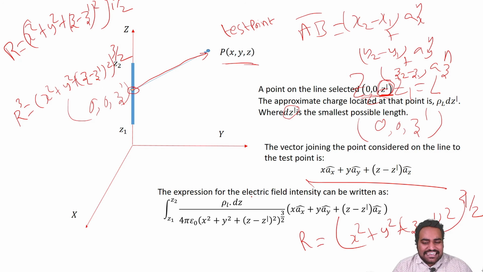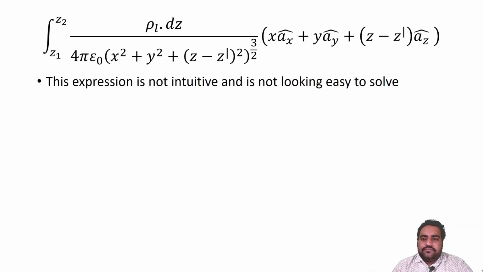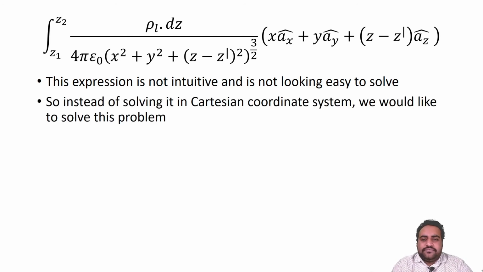But see, this integration is not an easy expression to solve. I am not happy with this expression. It is not looking easy to solve at all. So I don't want this expression.